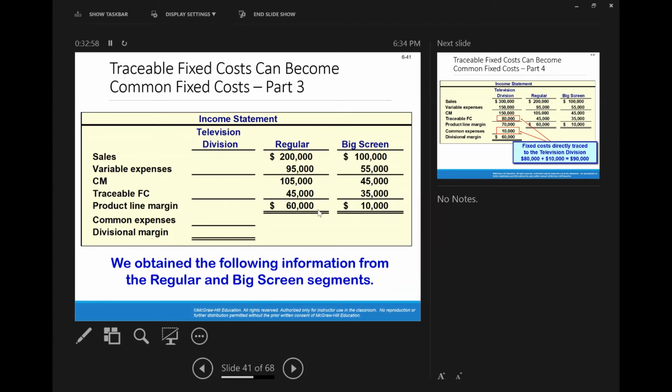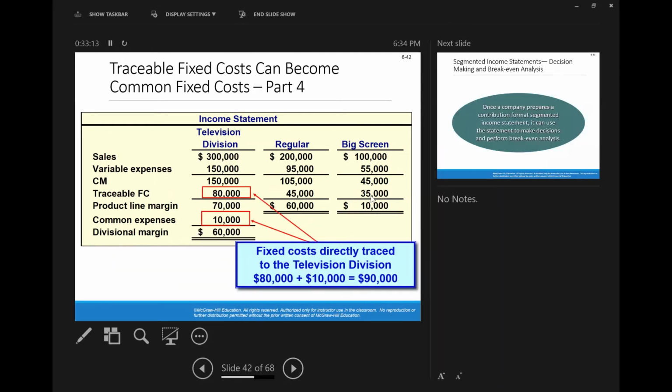So we have regular TVs at 60,000 and big screen TVs at 10,000. Maybe we're selling little TVs too, and we see that we start losing money, and then you might want to eliminate selling those TVs. So you make decisions on that. Our total traceable fixed cost is 80,000. Now we have common expenses of 10,000.